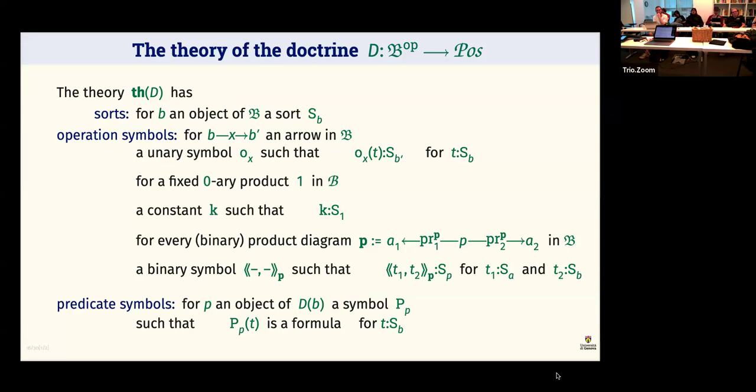And then for each arrow in the base category, there is a unary symbol, an operation symbol, which, when applied to a term of the appropriate sort S sub B, produces a term of sort S sub B prime.